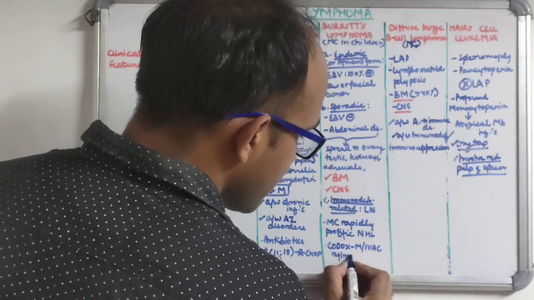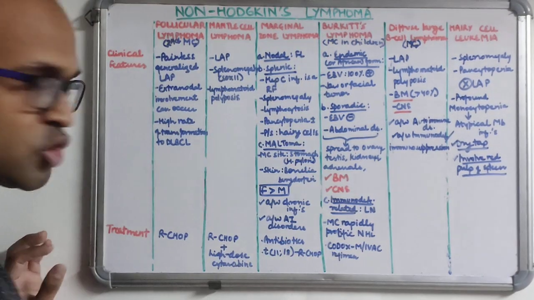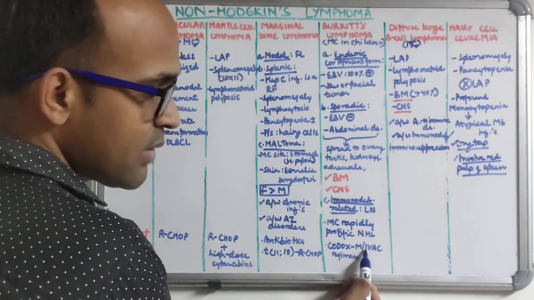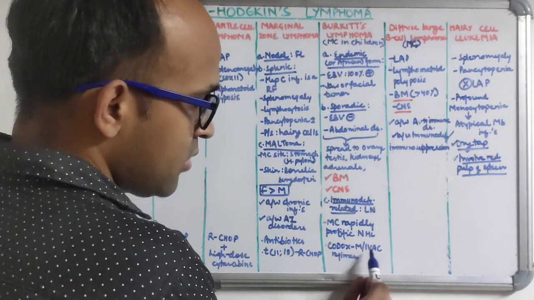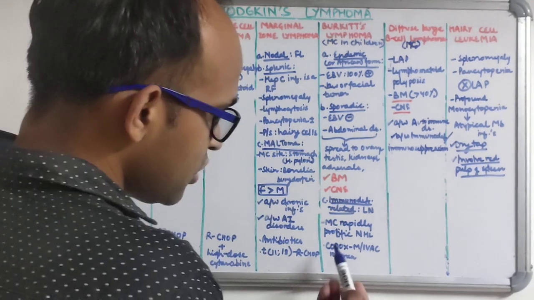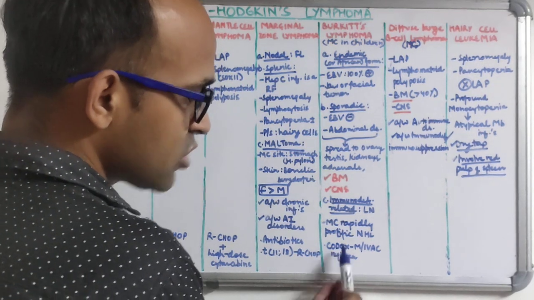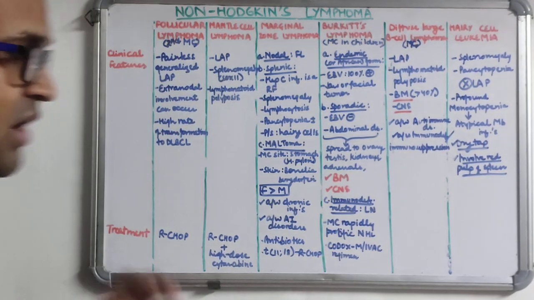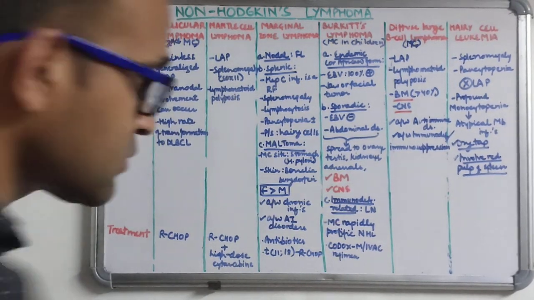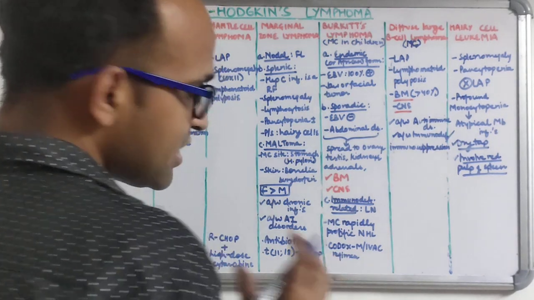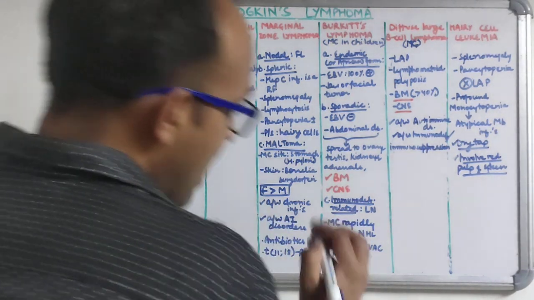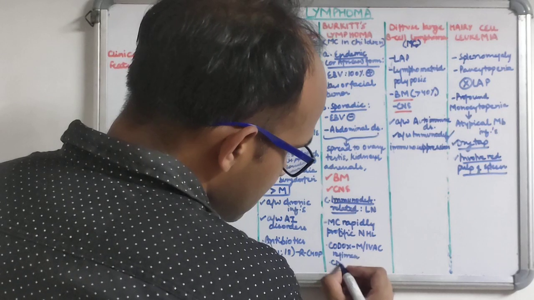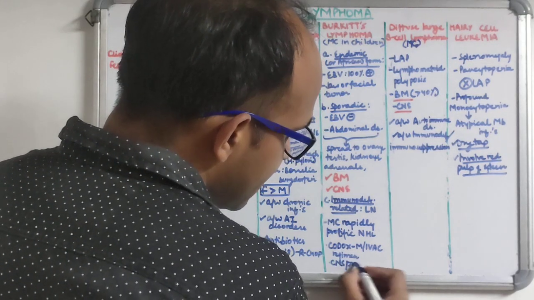So cyclophosphamide, vincristine, doxorubicin, methotrexate, ifosfamide. I told you: cyclophosphamide, vincristine, doxorubicin, methotrexate, and ifosfamide. This is the CODOX-M/IVAC regimen, and apart from that, CNS prophylaxis is mandatory.